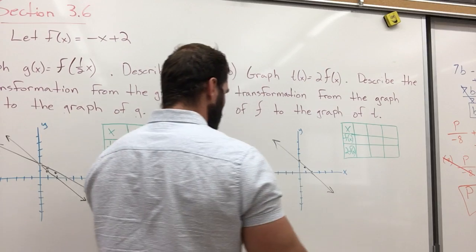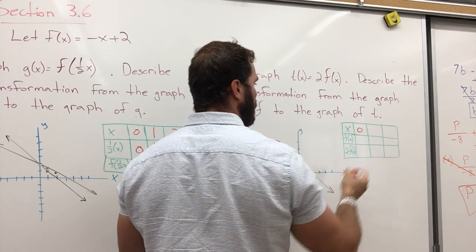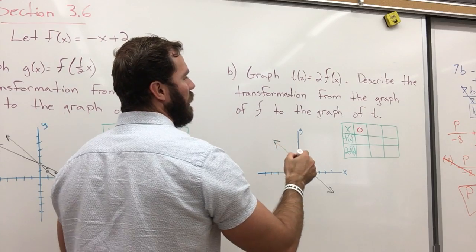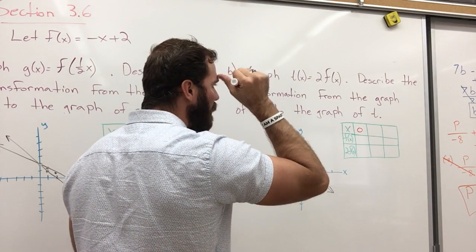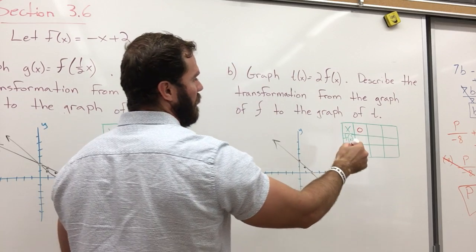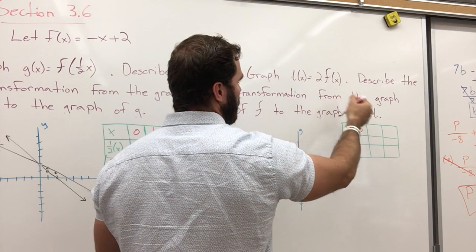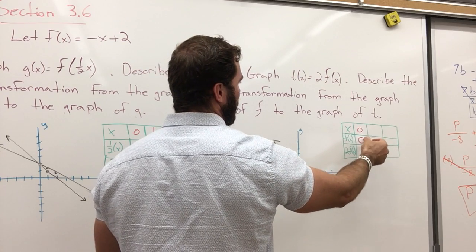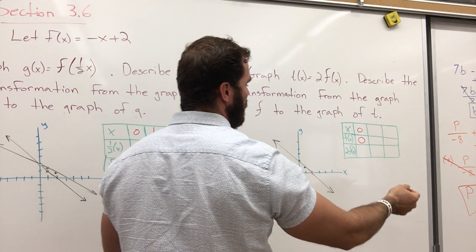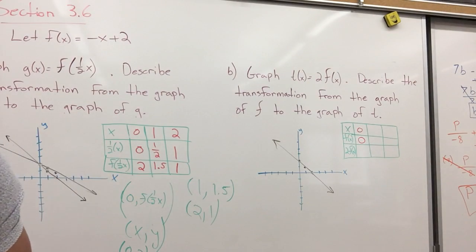So let's make x equals 0, which would make my f of x 0 times 2 is 0. Did I do that right or did I do that wrong? Hold your horses. Let me double check.